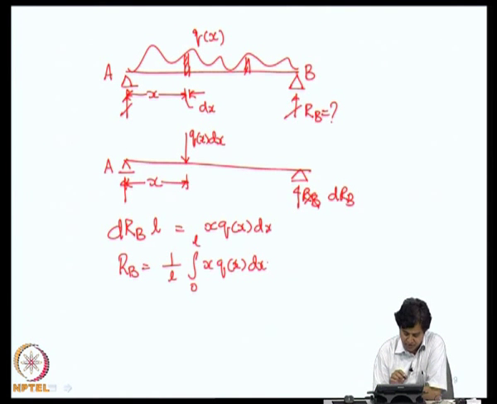So, here if you see, we have utilized the notion of a concentrated force to construct a solution for a distributed load. The concentrated load model in its own right has some merit. It can model loads that act over short areas in relation to the span.